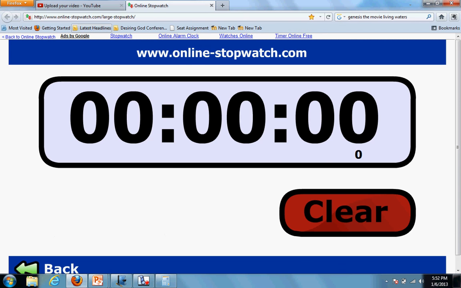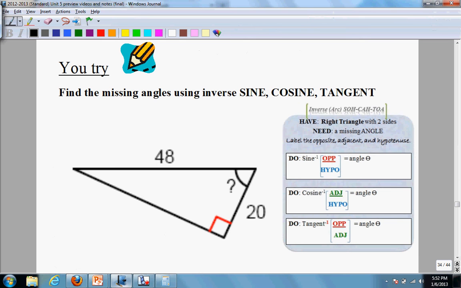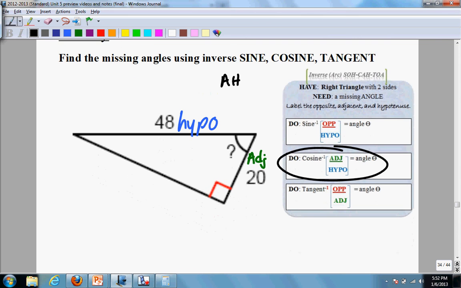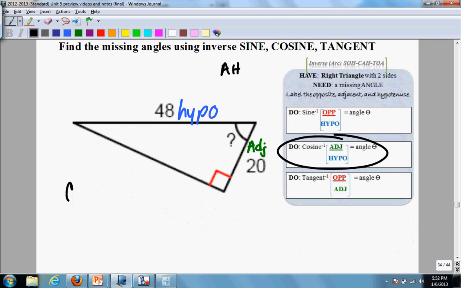Okay, let's see how you did here. Last one. Okay, this is our hypo, and this is our adjacent. That is an AH combination, which means you should have used cosine, which looks like this.